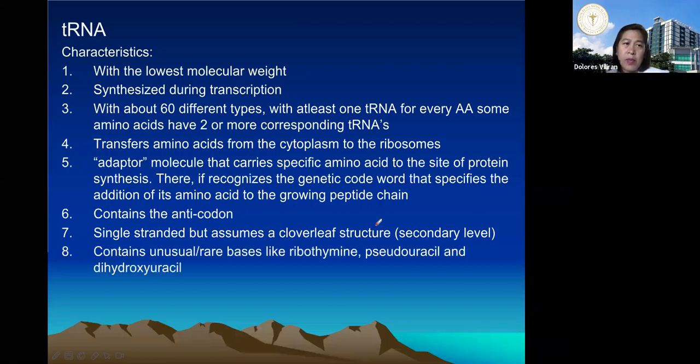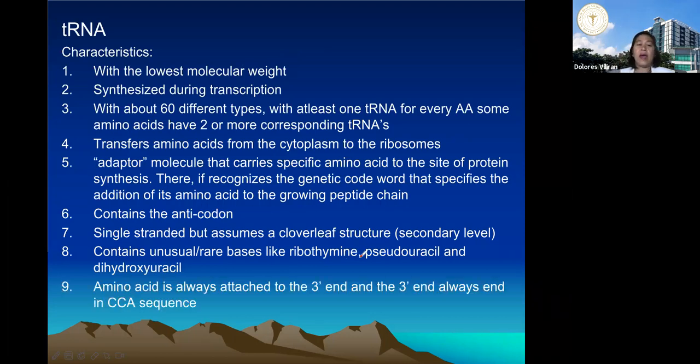Another special characteristic of the tRNA is that it contains unusual or rare bases like ribothymine, pseudouracil, and dihydroxyuracil. The amino acid is always attached to the 3' end of the tRNA, and the 3' end of tRNA always ends in a CCA sequence.